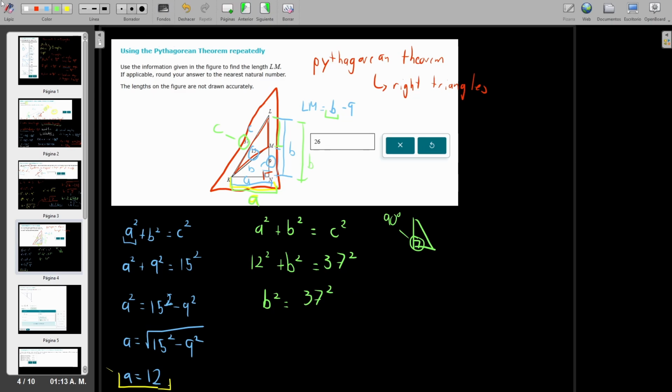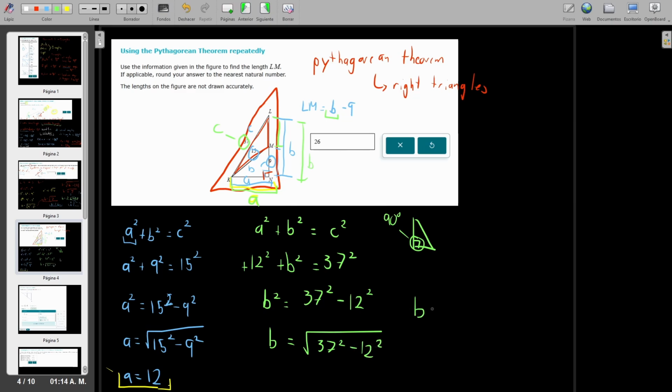Because 12 here is positive, so it goes to the other side as negative. Minus 12 squared. Now B, we're going to get rid of the square, so B is the square root of 37 squared minus 12 squared.